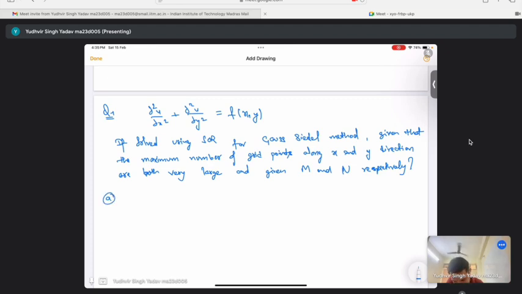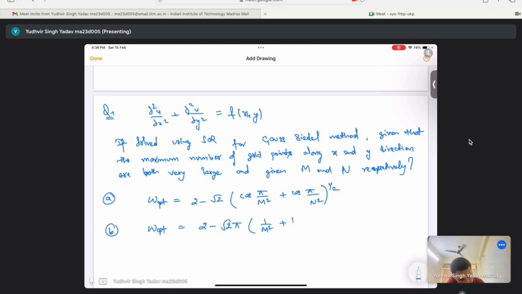So the options are: option A is omega opt equals 2 minus root 2 times cos pi by m squared plus cos pi by n squared, whole to the power half. Option B is omega equals 2 minus root 2 pi times 1 by m squared plus 1 by n squared to the power half.